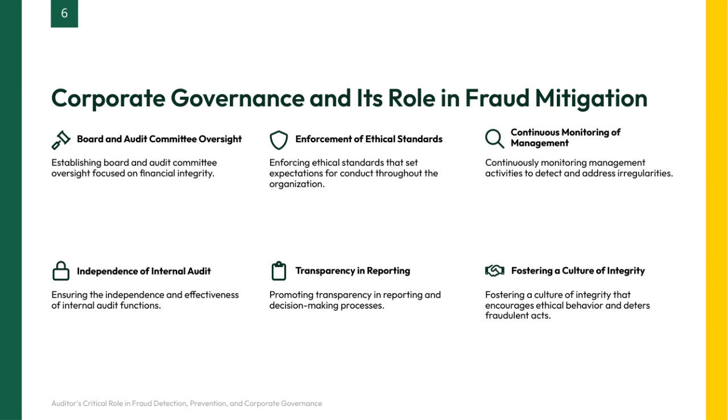Transparency in reporting and decision-making further strengthens governance by making information openly available, which builds trust and discourages misconduct. Lastly, fostering a culture of integrity at all levels encourages employees to act ethically and discourages fraudulent behavior. When integrity is embedded in the company's values, it becomes a powerful line of defense against fraud.